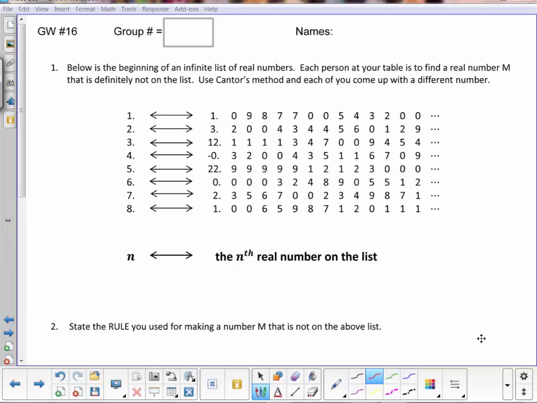Using Cantor's diagonalization theory, we wish to find a number M which is not on this supposed complete list. All we need do is construct a diagonal starting at the first decimal place after the decimal point in the first number and continuing on to infinity, dodging each number under the diagonal to produce our members of the number M.